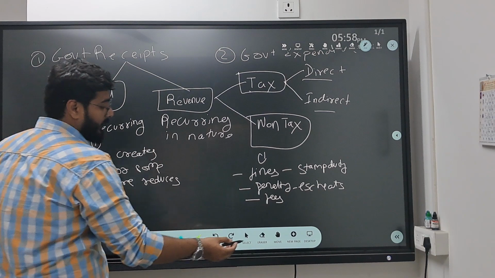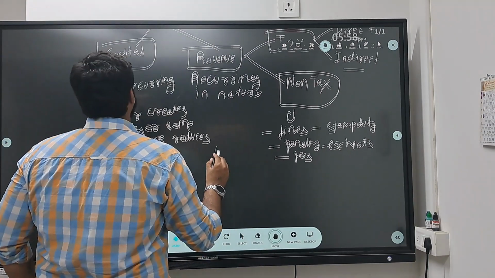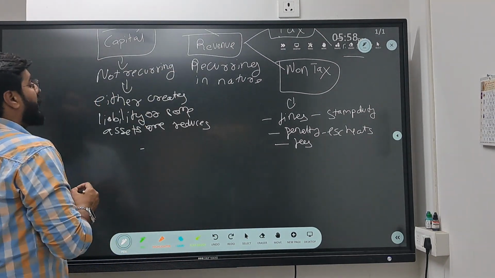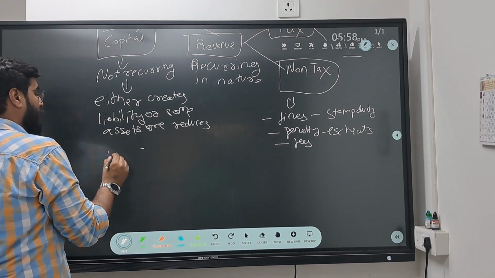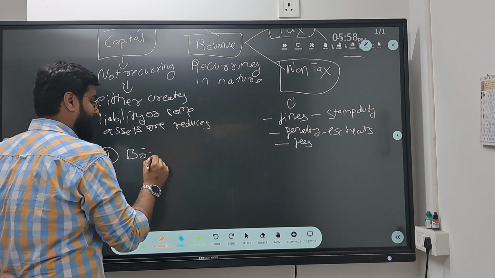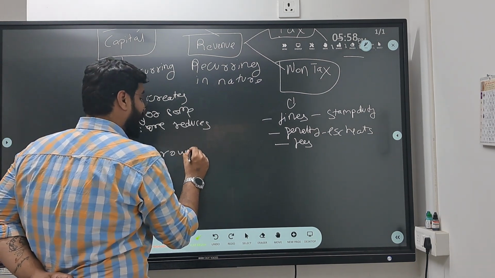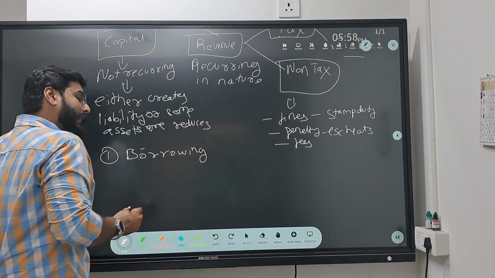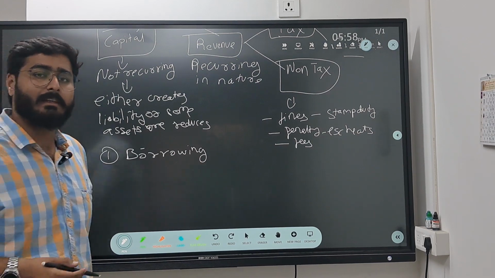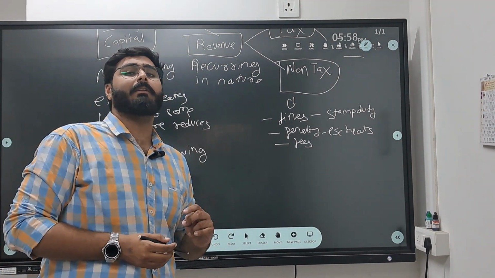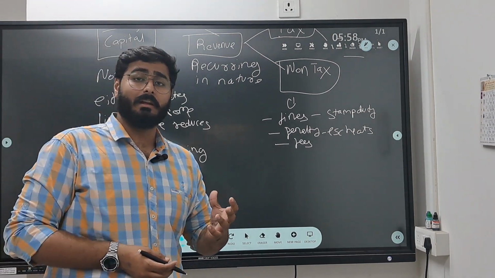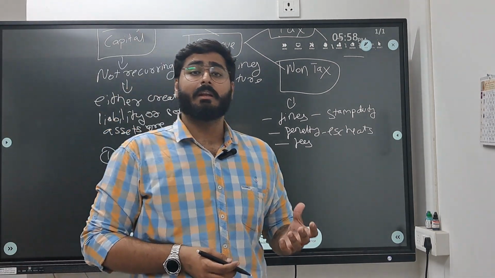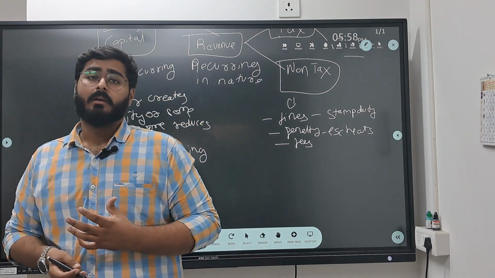Now let's talk about capital receipts. Capital receipts either create liability or some assets are sold. So one, borrowings. Whenever government borrows money, it can be from its local citizens, it can be from another government, it can be from monetary institutions like the IMF, International Monetary Fund, World Bank, right?